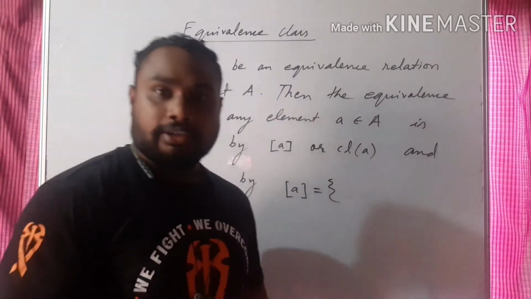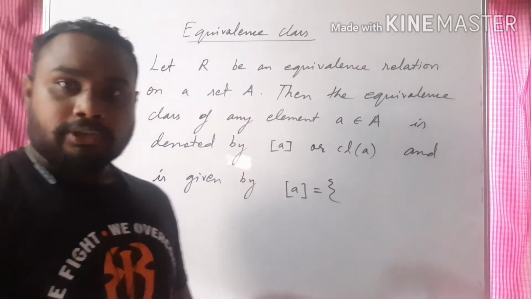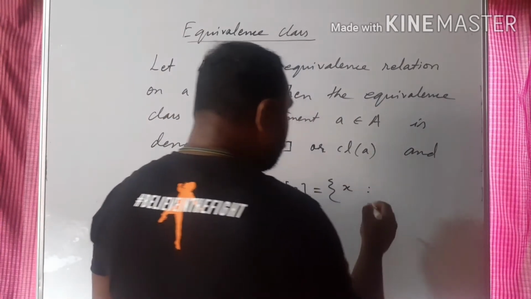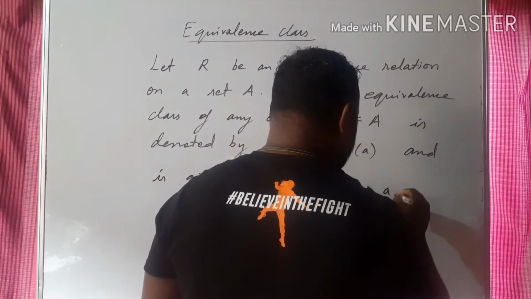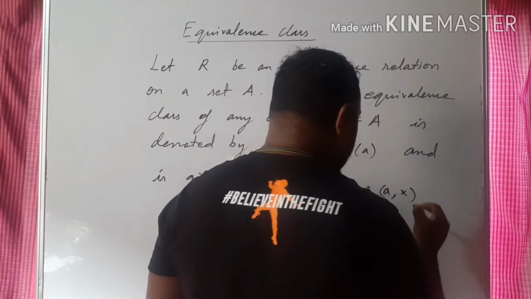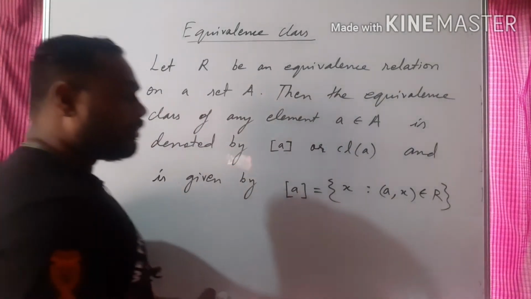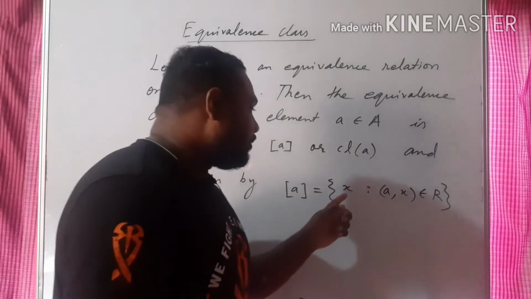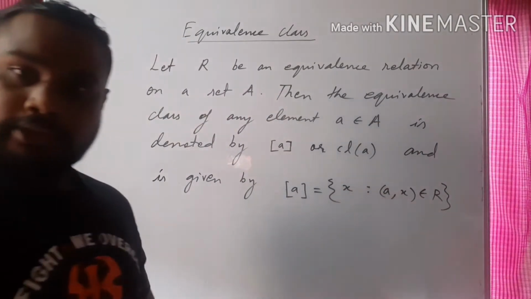It is a set. Actually the equivalence class of any element will be a set only, so it will contain those elements which are related to a, that is (a, x) belongs to R. So I will have to write those elements from the set which are related to a.